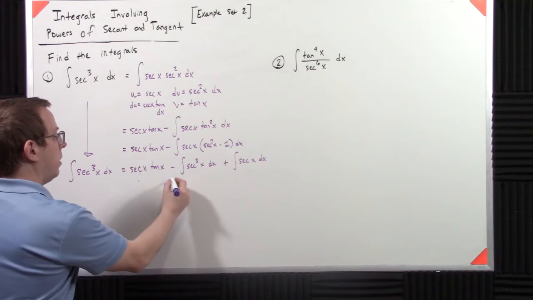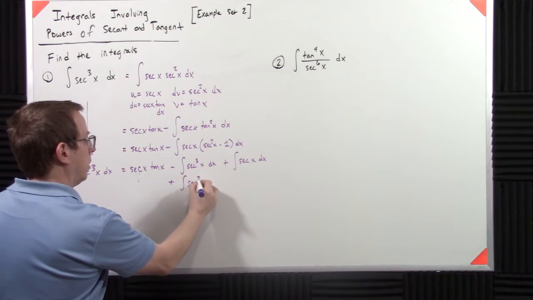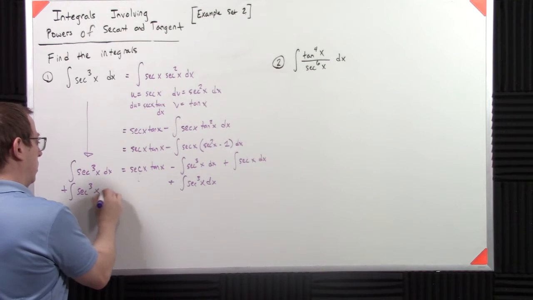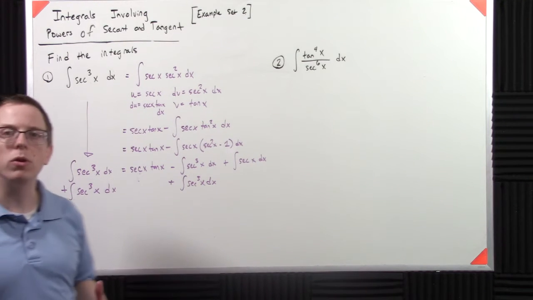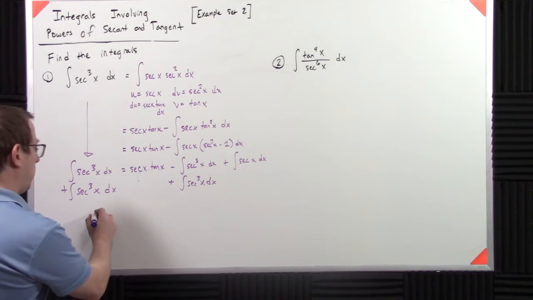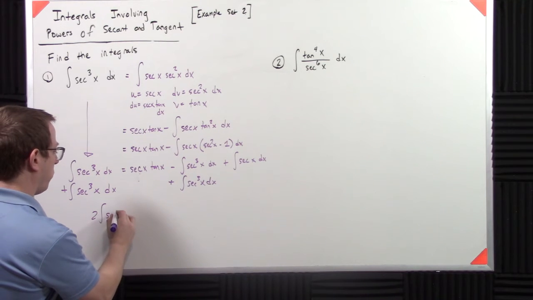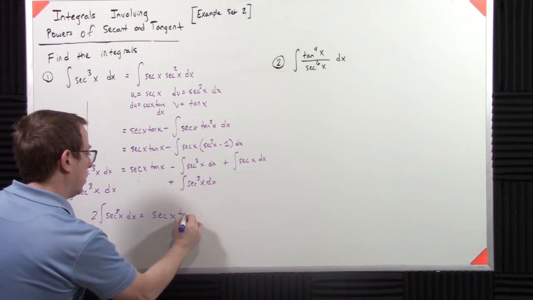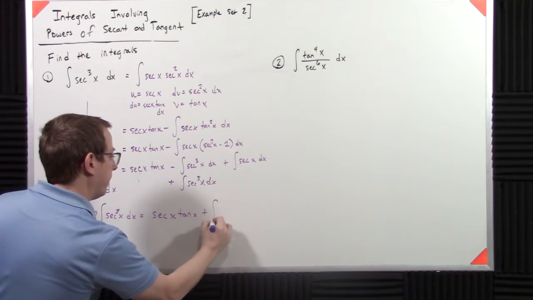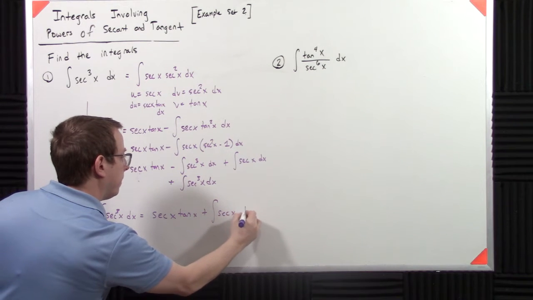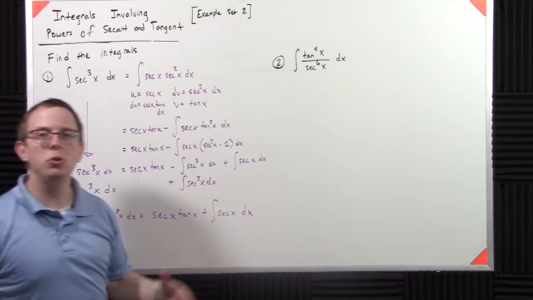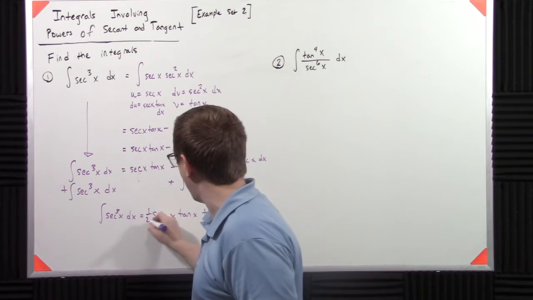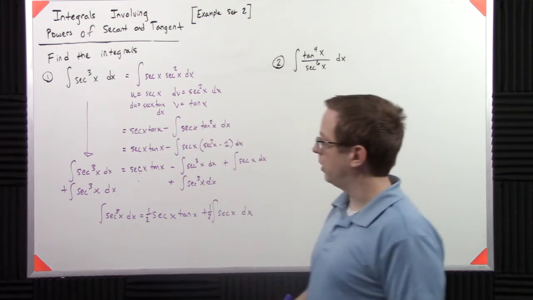If I add that over, what I get is 2 times the integral I'm trying to solve for equals this. So instead of 2 times the integral, I just do 1/2. I divide everything by 2.